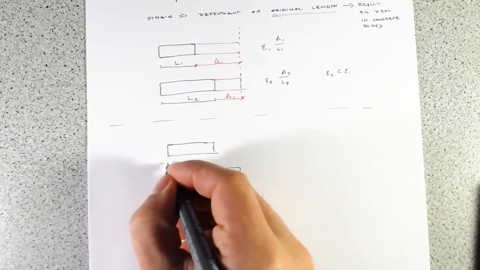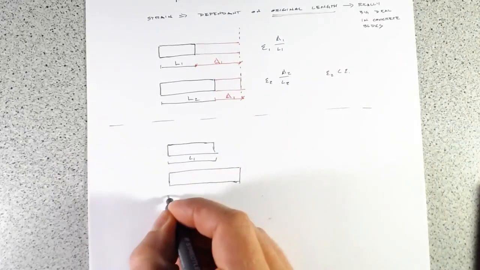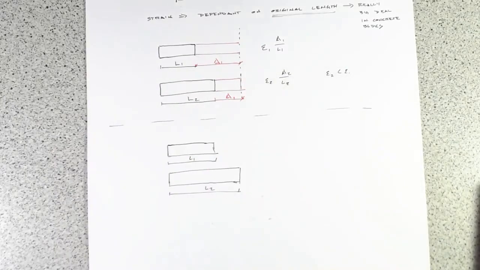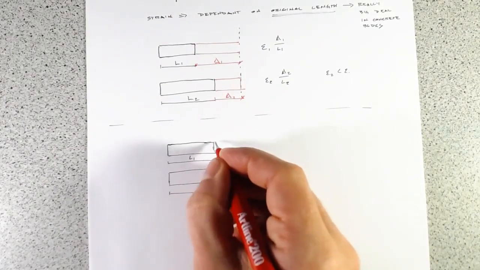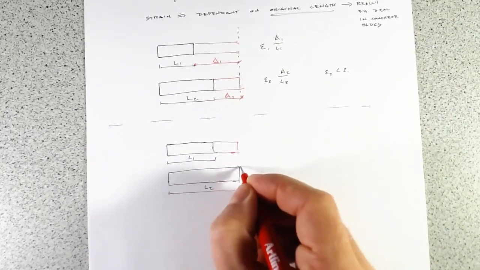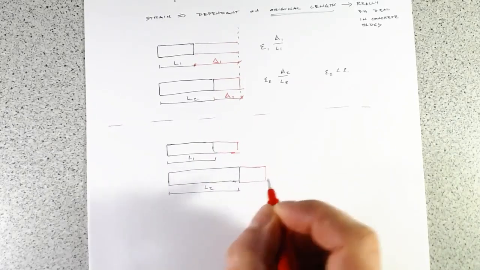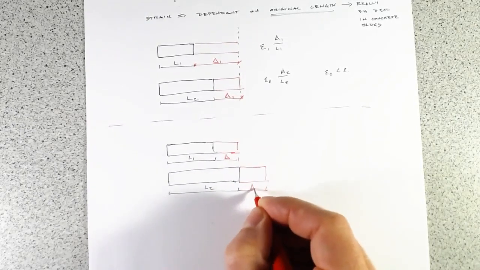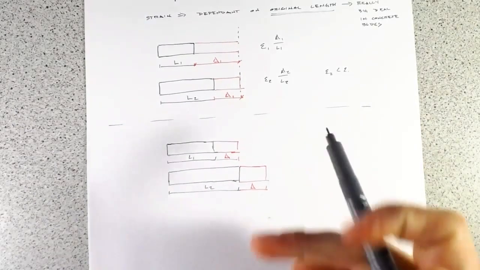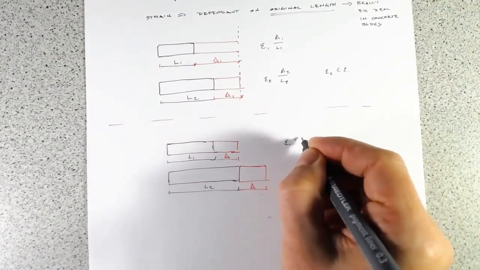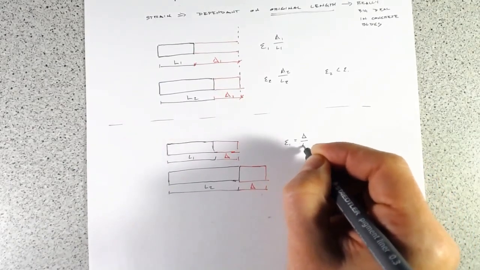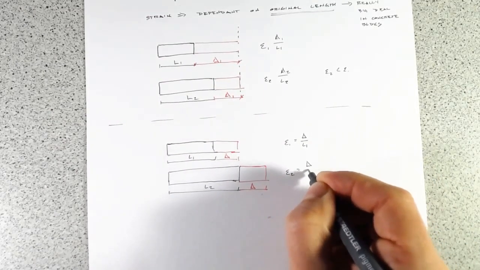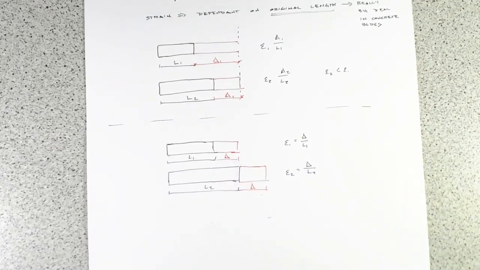But say that we have, again, our same L1 and L2. But instead of having different deformations delta, say we've got the same length. So delta 1 equals delta 2. So these two are the same. So strain 1 equals delta over L1, and strain 2 equals delta over L2.